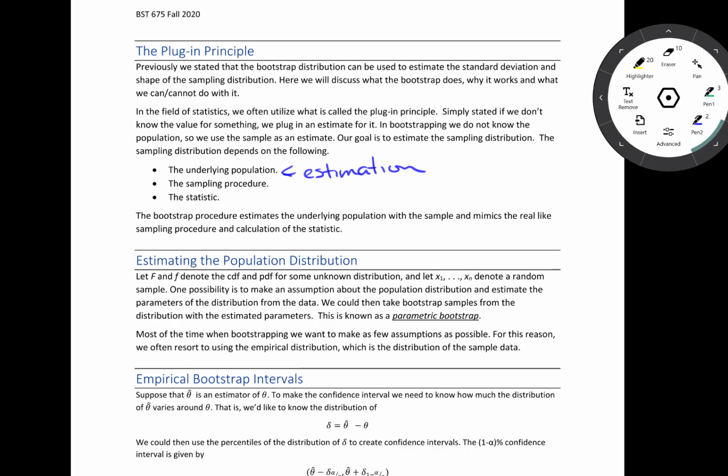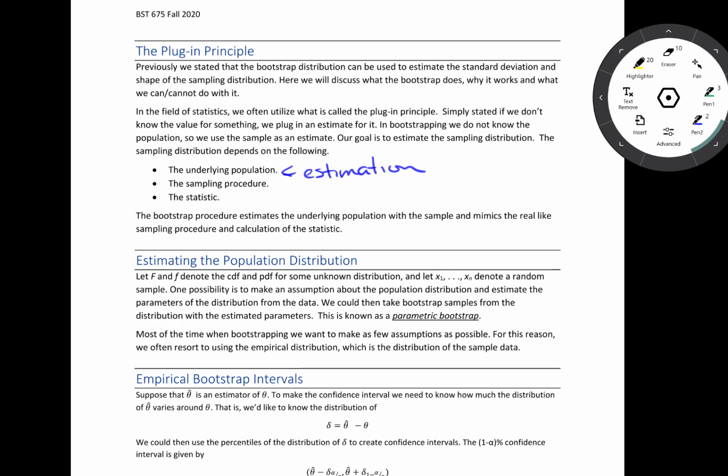But this really depends on whether or not that sample is a good representation of the population. For example, if you have a population that is very heavily skewed, and you take a random sample from that population, your sample is most likely going to come from the portion of that distribution where most of the observations lie. You're probably not going to get many samples from that tail.